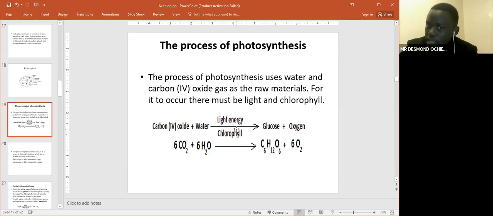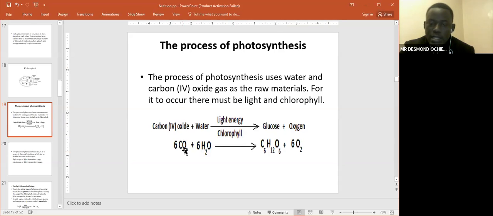You are supposed to write light energy and chlorophyll at this point. We have seen students writing carbon dioxide plus water plus light energy plus chlorophyll to give glucose and oxygen. Note that light energy and chlorophyll are not raw materials. They are just conditions which are available to facilitate the process. So the raw materials are the reactants here, water and carbon dioxide, while the products are glucose and oxygen.